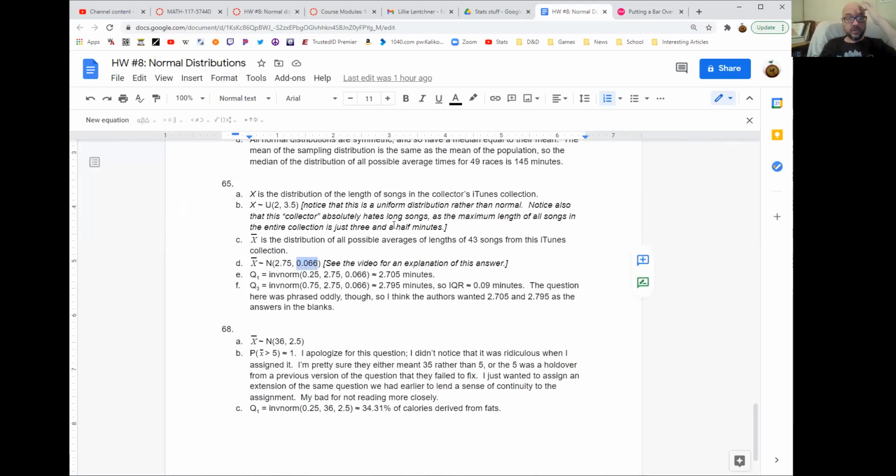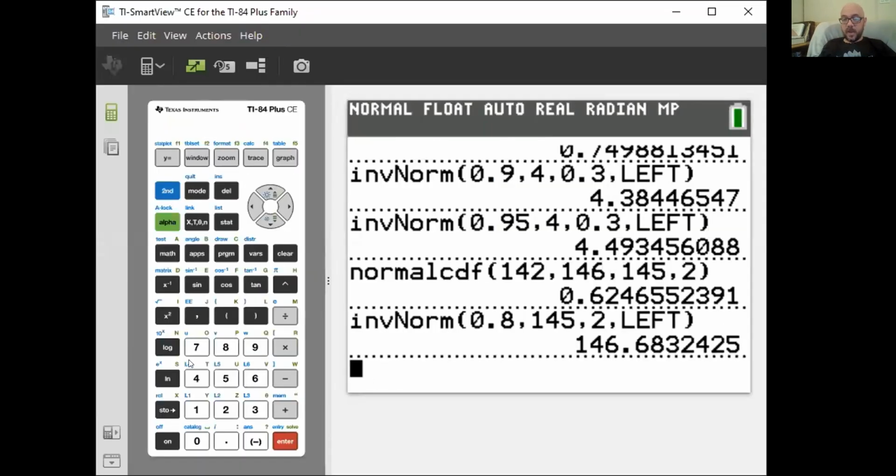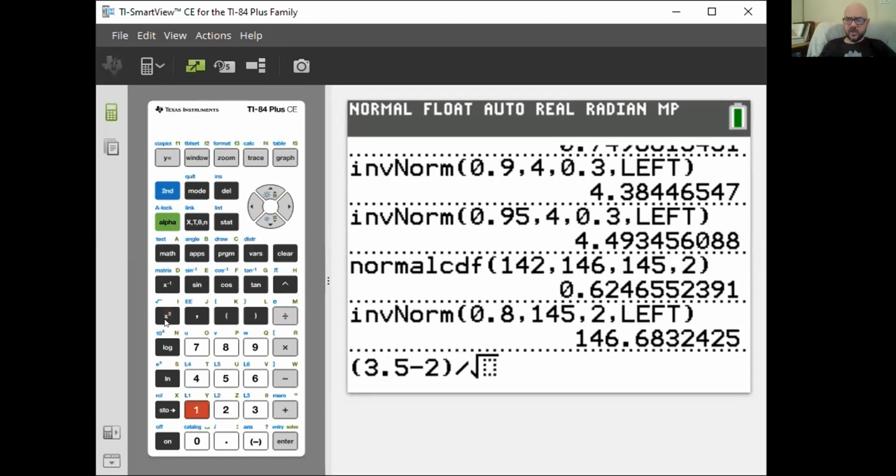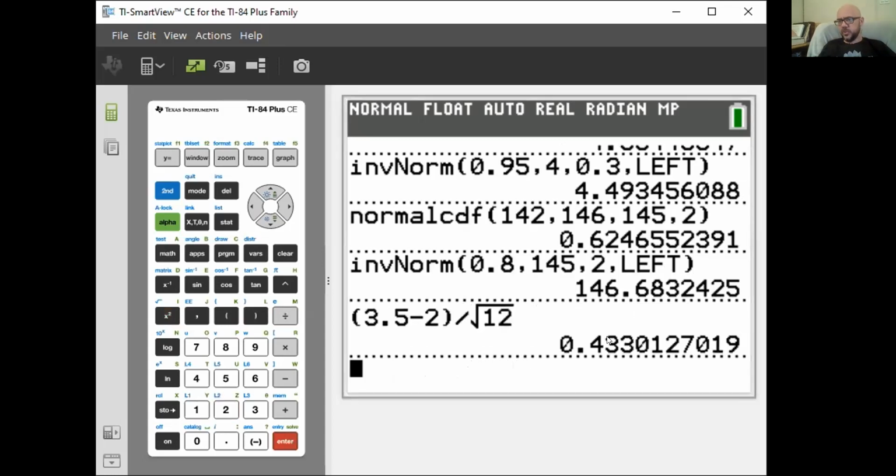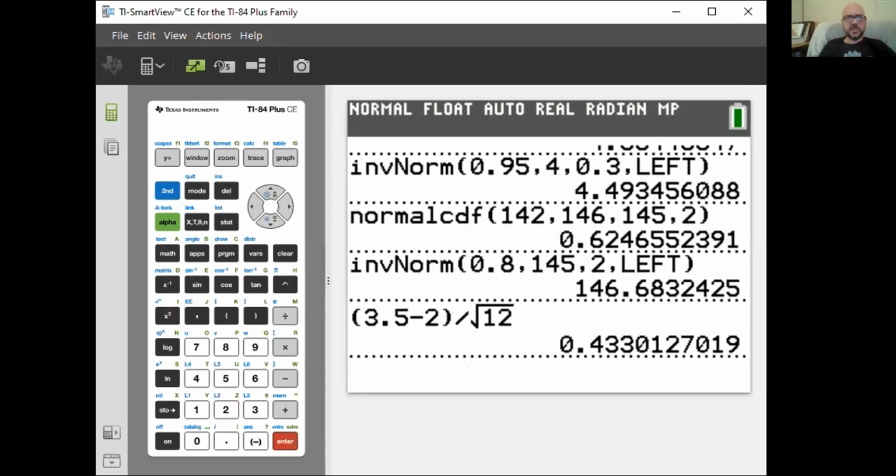Oh, excuse me, I never found it here. Let's go find the standard deviation for the population. Standard deviation of the population is 3.5 minus 2, I know it's 1.5, divided by the square root of 12, and that's always 12. So this 0.433 is the standard deviation of the population.